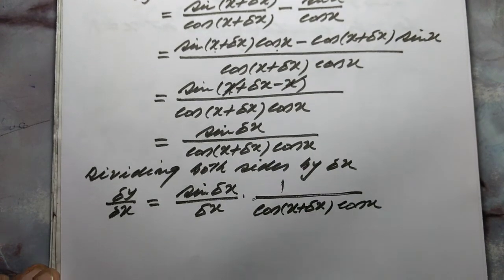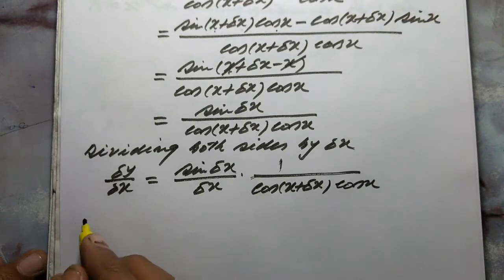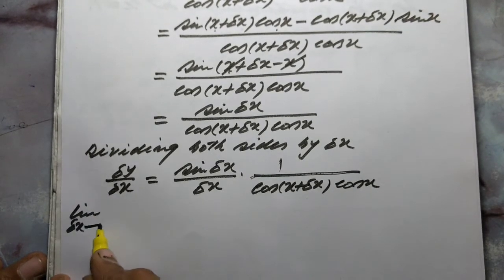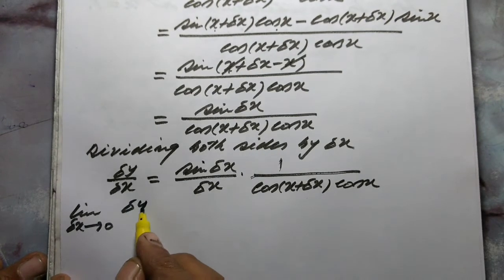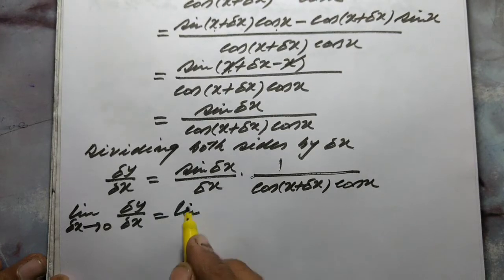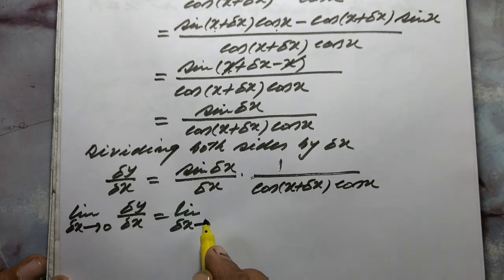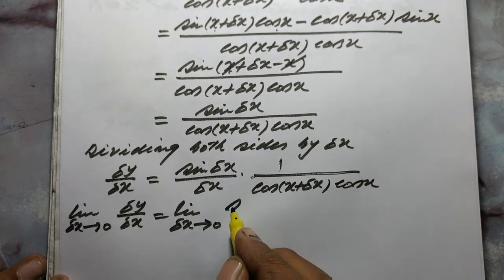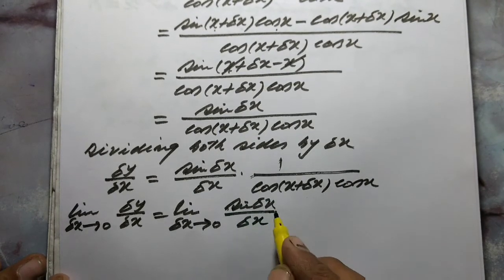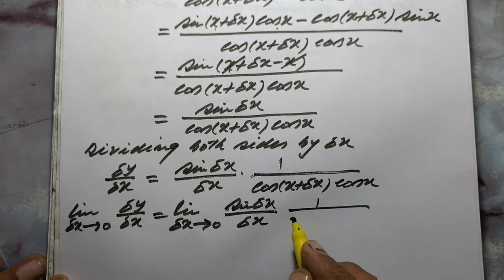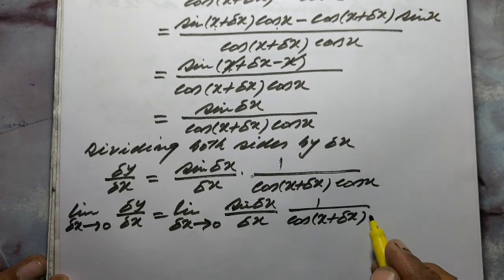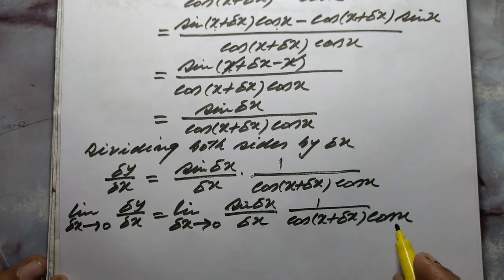Now taking the limit on both sides as delta x tends to 0, the limit of delta y upon delta x is equal to the limit as delta x tends to 0 of sin delta x upon delta x into 1 upon cos of x plus delta x into cos x.